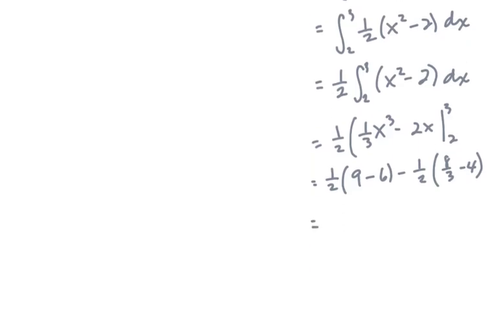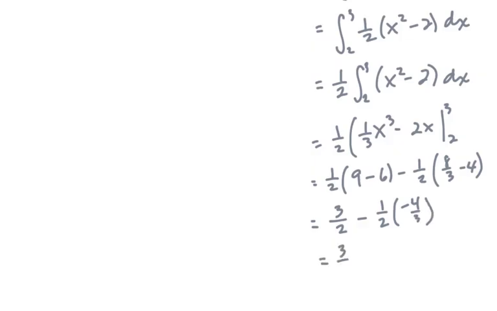So we have 1/2 of 3, which is 3/2. Let's go ahead and write it that way. Minus, this would be 8/3 minus 12/3. So we have minus 1/2 times negative 4/3.